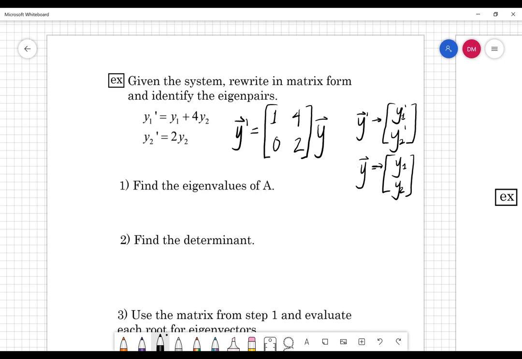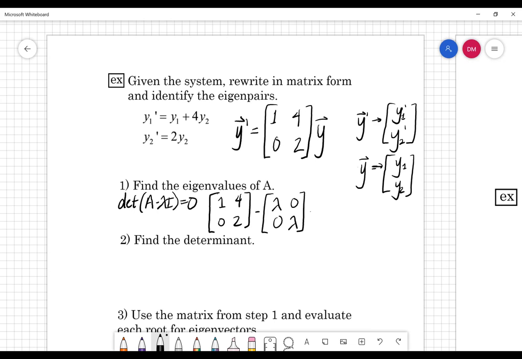Now, the way we do that is we take that formula. Let's find the determinant of A minus the lambda identity matrix and set that equal to 0. So we've got A, minus the lambda identity matrix, which would just have lambdas on the main diagonal, zeros everywhere else.